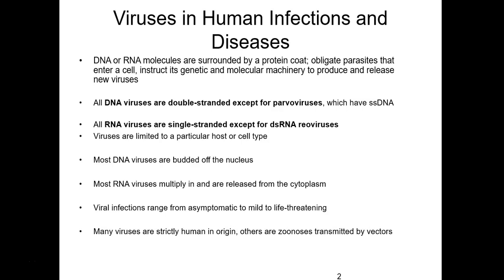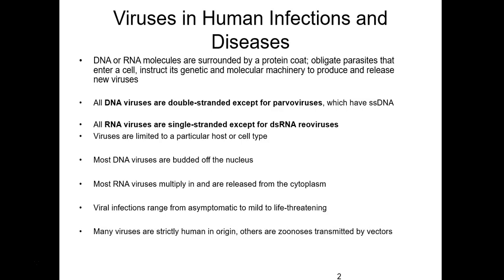We can further differentiate our DNA and RNA viruses by the structure of their genetic information. So DNA viruses are double-stranded, meaning that there are two strands that are intertwined together, except for one DNA virus group known as the parvoviruses. So this is really important.